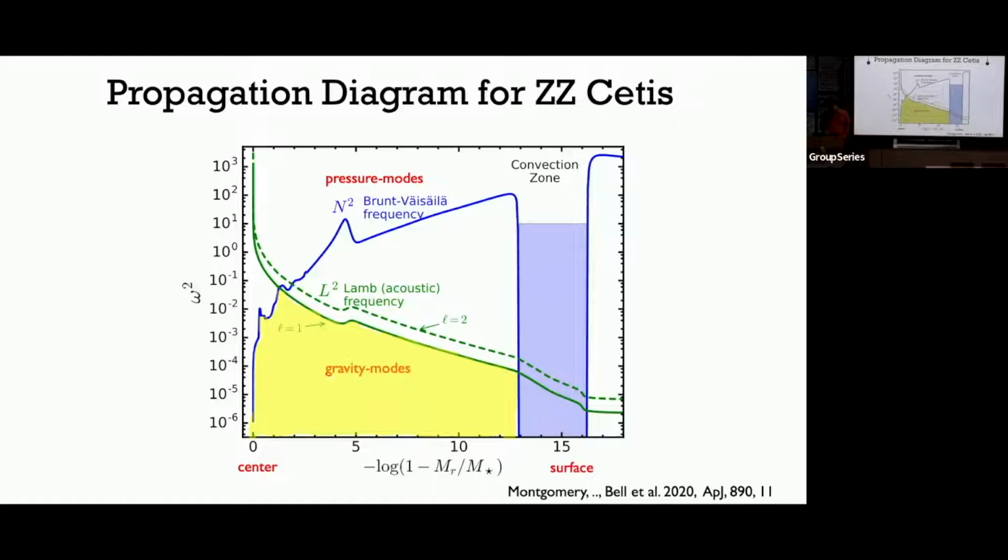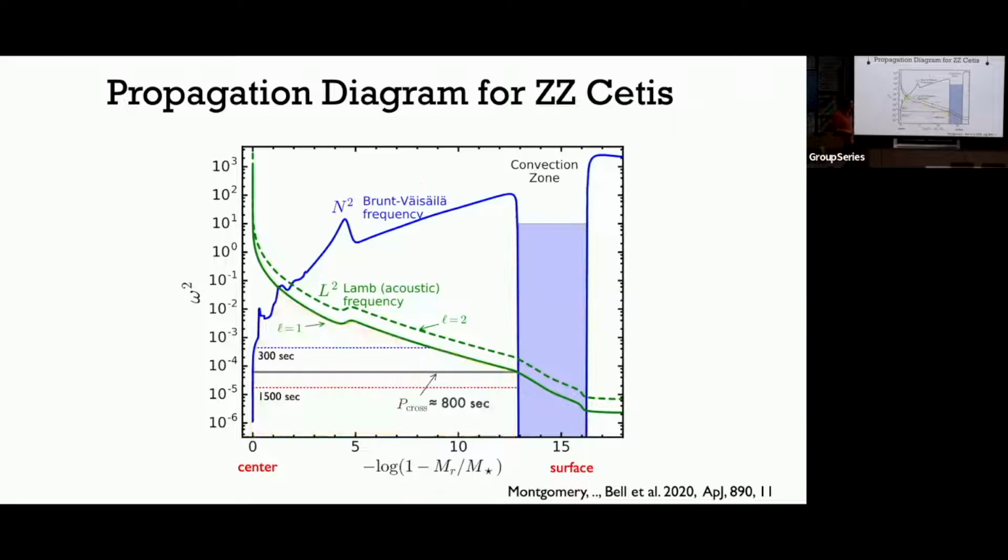So, for example, we could look at one star and we could say here at this frequency, the frequency is just right for a standing wave to propagate to meet the boundary conditions of a standing wave in this star. So there could be a 300-second mode in this star, a 1500-second mode here.